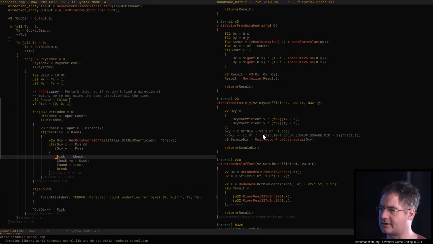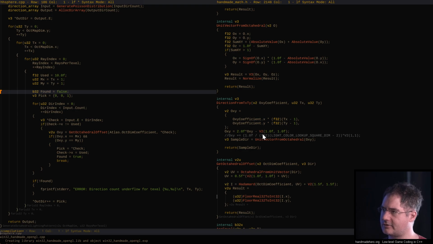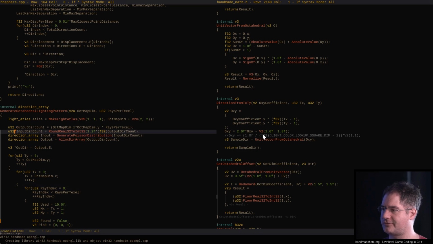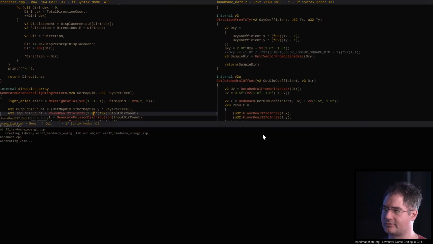That all seems fine. And so I don't know, let's check by using a massively oversampled sphere. So this is twice as sampled, right?